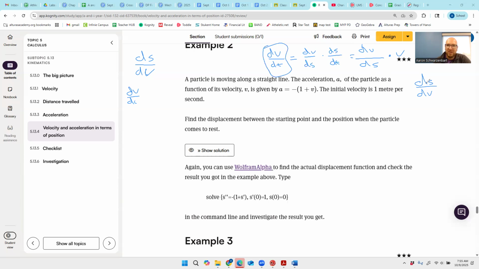So if I want this in reverse, ds/dv, I need to take dv/dt as a function of velocity.